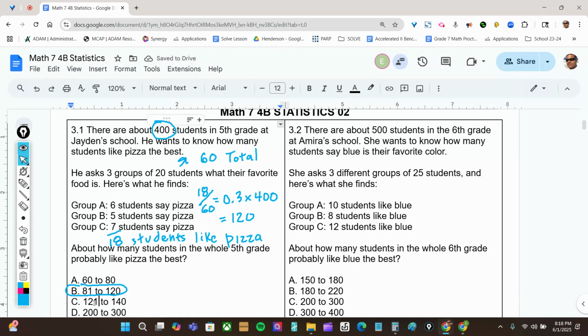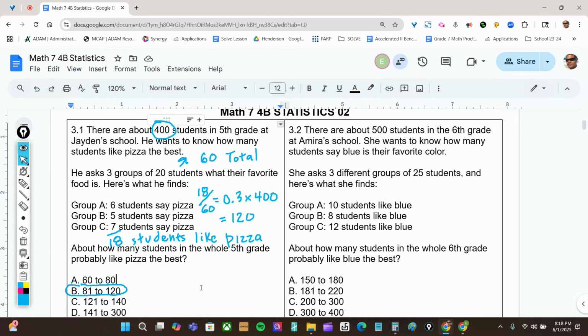And then this one should be like 141. Okay, so that's a little bit off, which means I probably gotta fix this. 181. Anyway, so that's how you do that one.